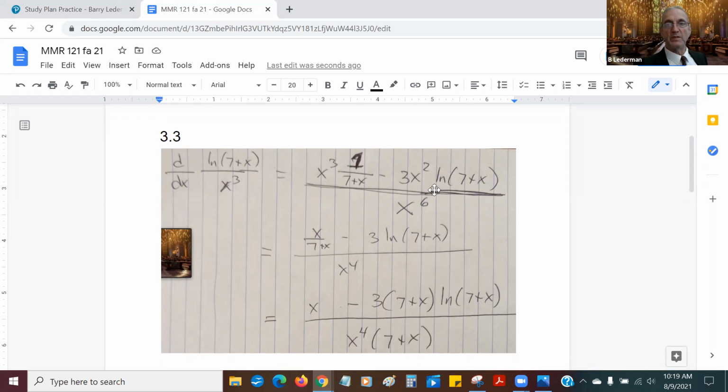X to the 3rd squared is x to the 6th. And now I'm going to cancel out x squared from everywhere. And I have this guy here. I'm going to multiply top and bottom by 7 plus x. And I get this guy here, which is choice D. This is choice D right there. And those are the steps of how I got that.